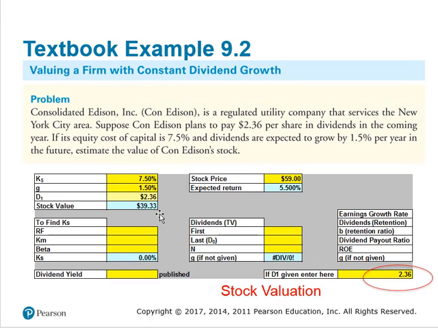$39.33. So what if this stock had a price of $59? Would you pay $59 to get $39? And the answer, of course, is obviously you would not. However, if you did buy this for $59, you would earn a return of 5.5%.